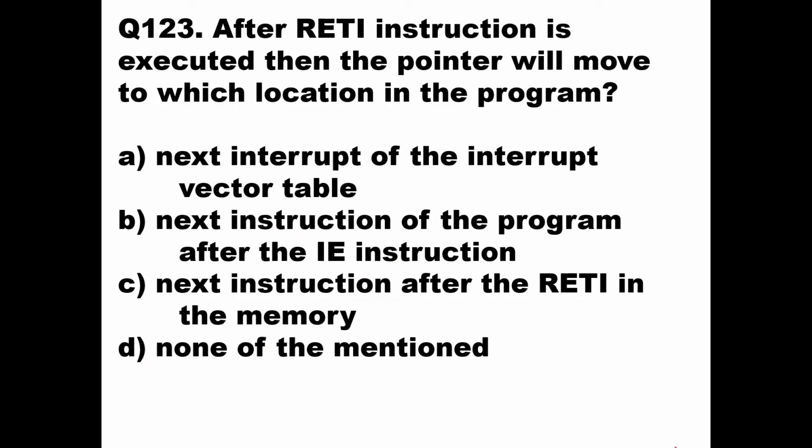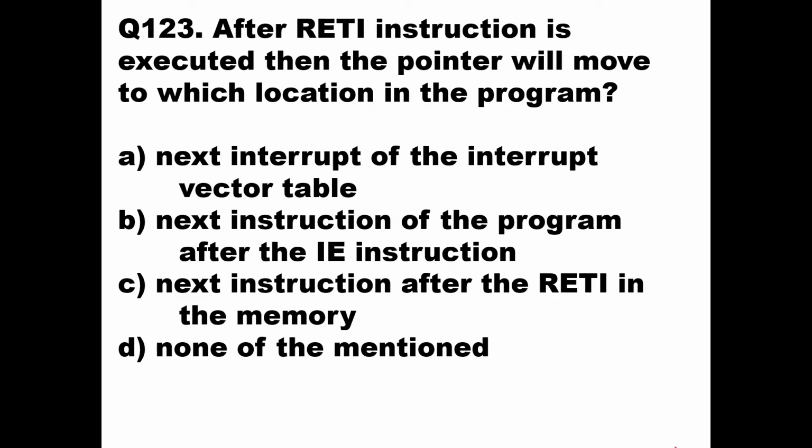Question number 123. After the RETI instruction, that is return from interrupt, is executed, the pointer will move to which location in the program? Once the interrupt was enabled, the pointer moved from the main program location of interrupt enable and went to the interrupt service routine.